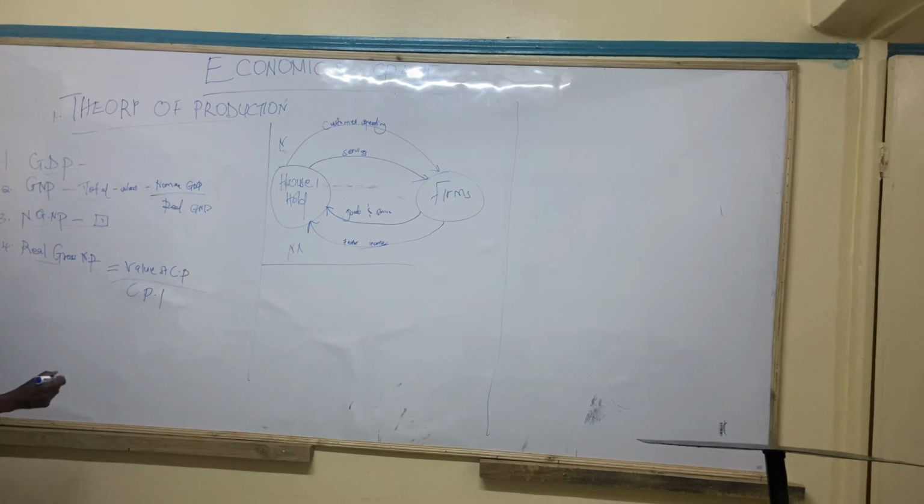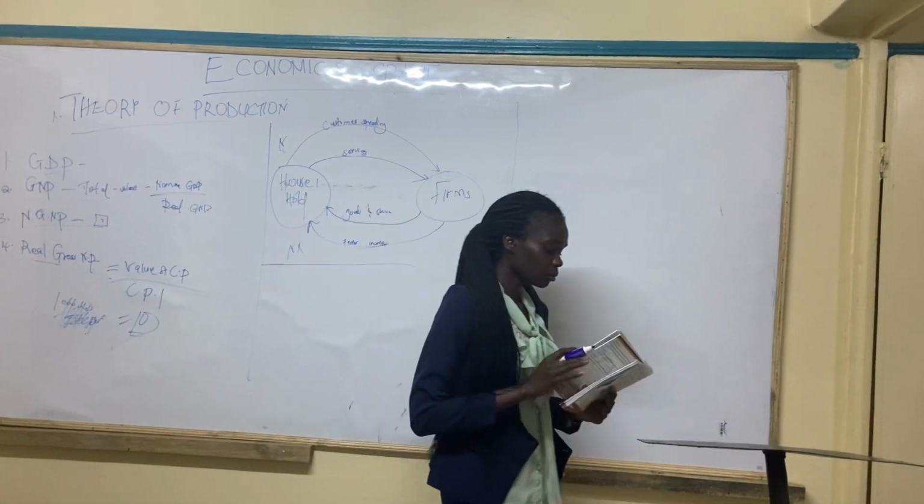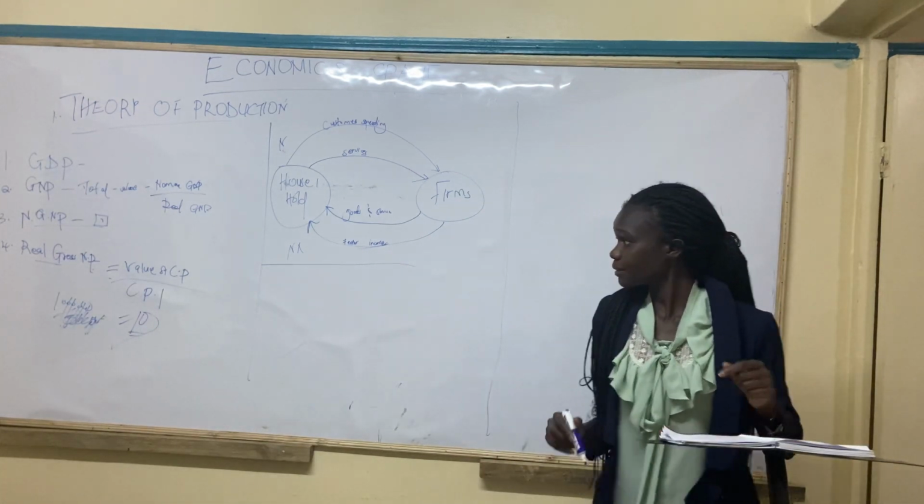So maybe the current price is 1 million, and the consumer price index is 800,000. You get, for example, 10. Real gross national product is 10. So we are done with the definition of these.